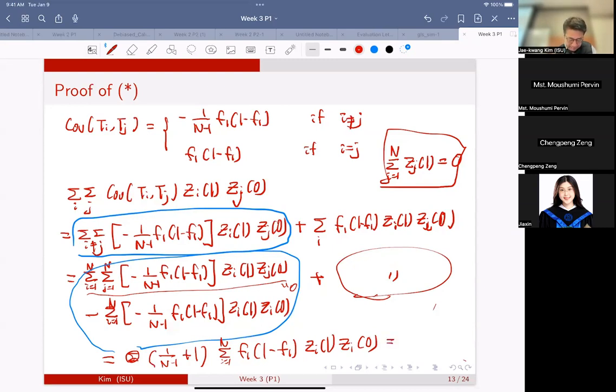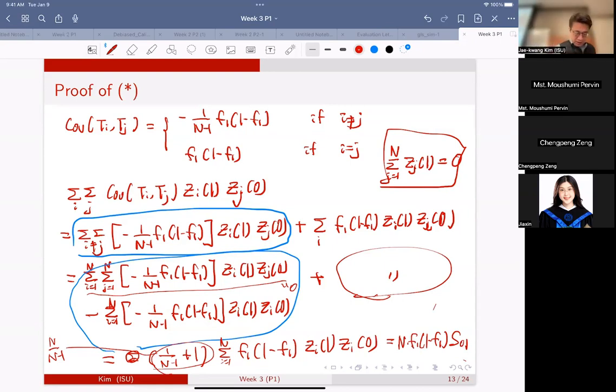And then you can write it as, because this guy is n over n minus one, n f1(1) minus f1(S01). Because you have an n that goes outside, and then capital N minus one goes into the definition of S01.